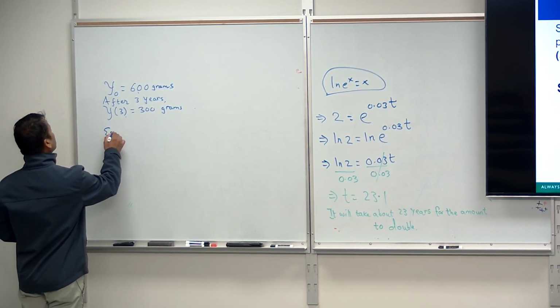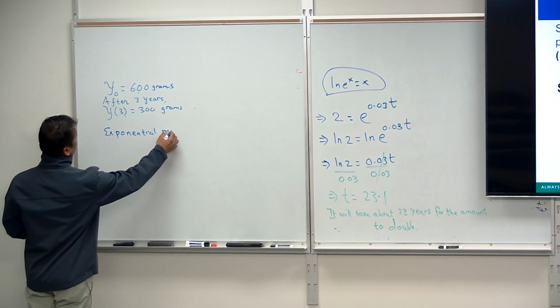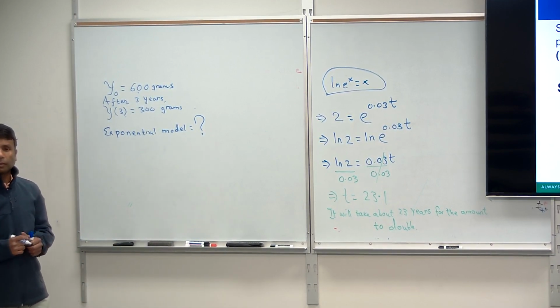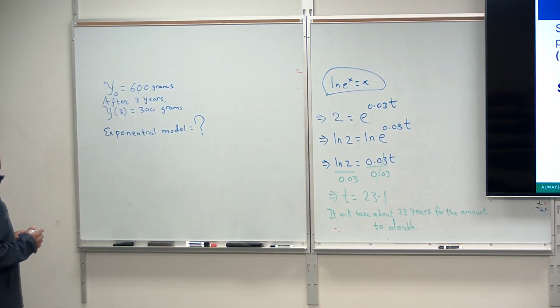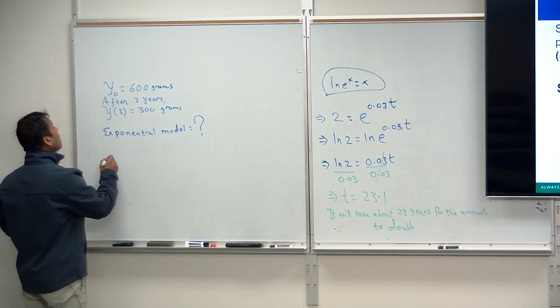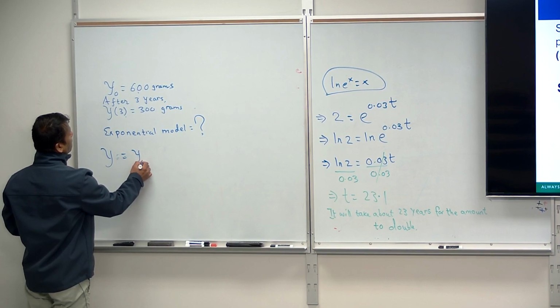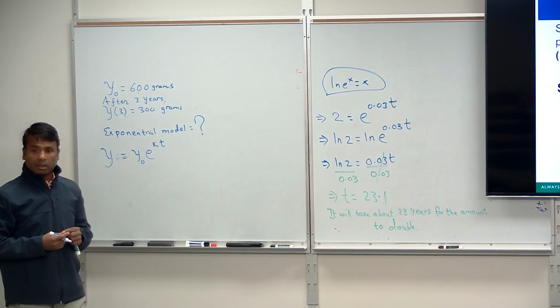So the question is, the exponential model is what? Okay? So now remember the exponential model is y(t) equal to y sub 0 e to the power kt. So this is your exponential model.